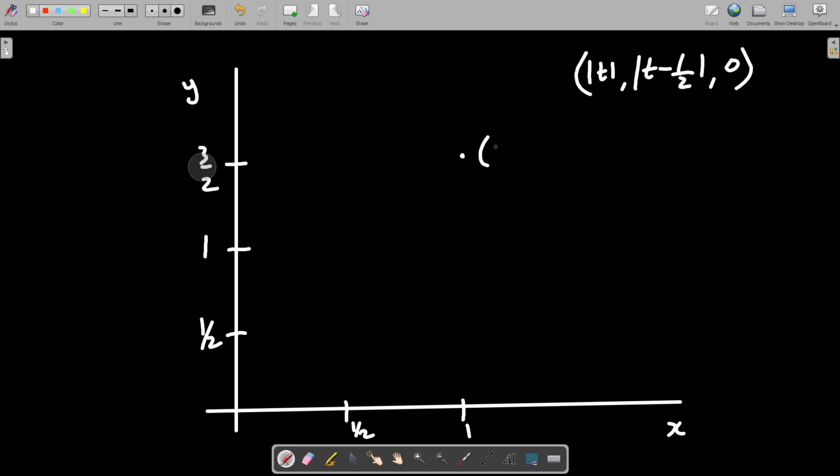So that first point is here. Now where is the second coordinate at the change point? At t equal to 0, this becomes 0 comma half. Okay? 0 comma half is over here.